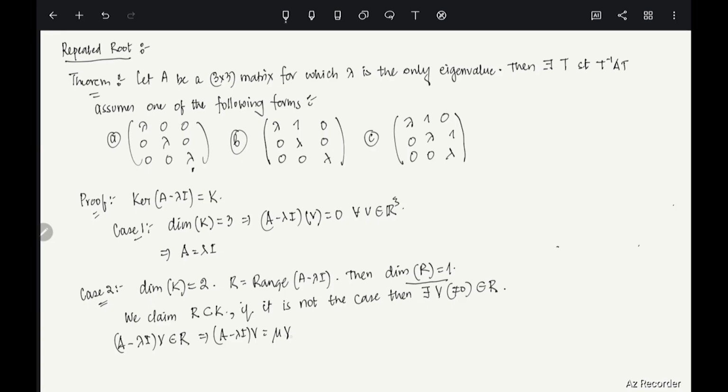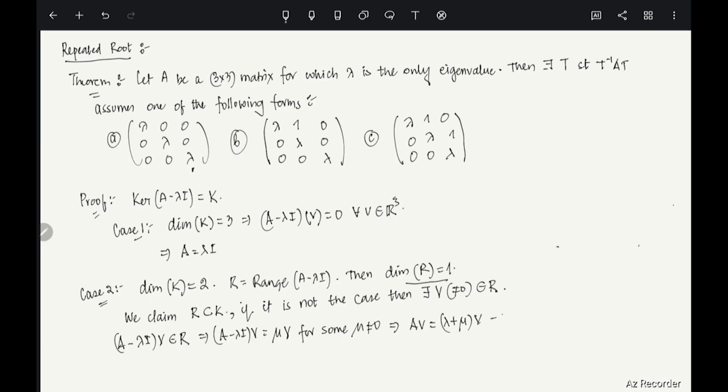So I can just write it as mu times V, for some mu non-zero. Clear? Now if that happens, then AV will look like what? Lambda plus mu times V. So you see what happened is, this is nothing but the eigenvalue problem. So we found a new eigenvalue which is given by lambda plus mu.